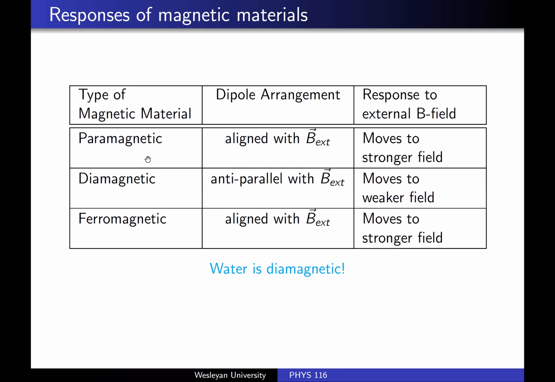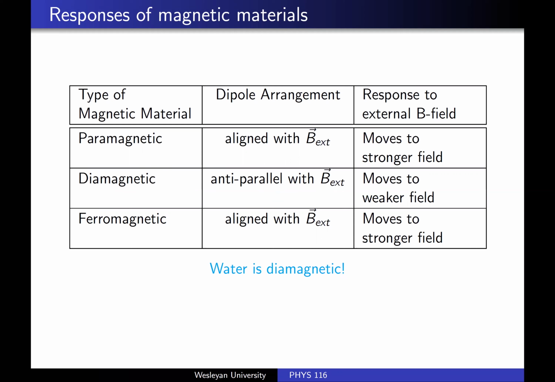So, as a reminder, for a paramagnetic material, if you apply an external B field, the dipoles align with the external field. And the response to this external field, since the dipoles are aligned with it, is it wants to move to a stronger field.